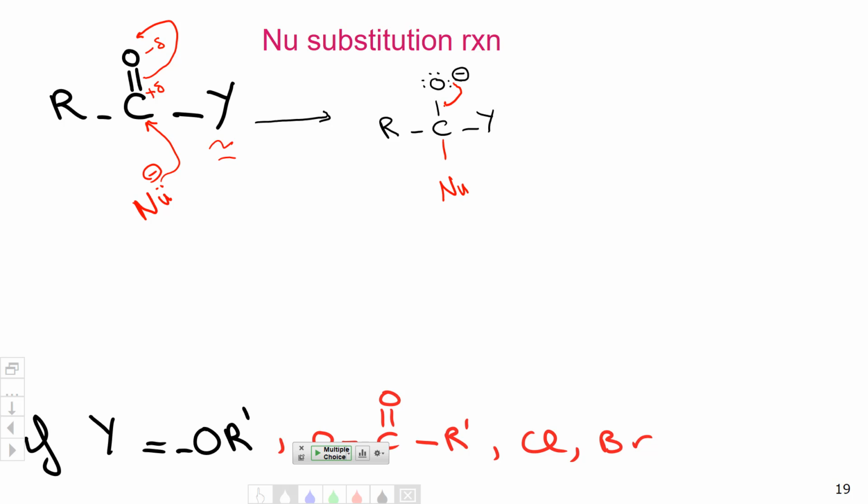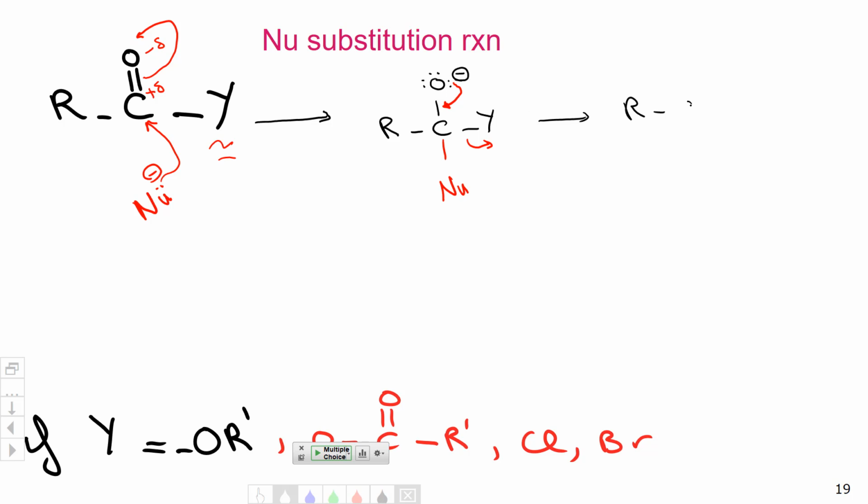When the lone pairs of the oxygen come back, they kick out the Y. The reason it kicks out the Y is that the Y in an acid derivative is a good leaving group. It's either Cl minus, I minus, Br minus, or R prime O minus. So it is one of the good leaving groups. While in the ketone, there wasn't a Y, there wasn't a good leaving group, it was an R. And R, if it leaves as a carbanion, is not a good leaving group.